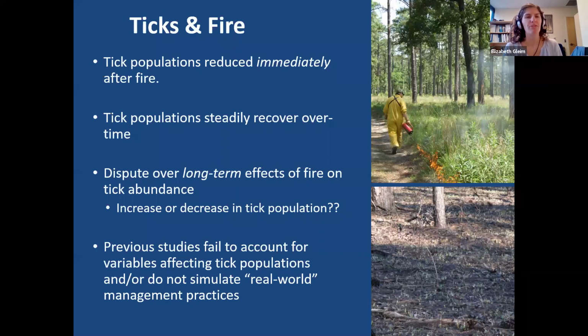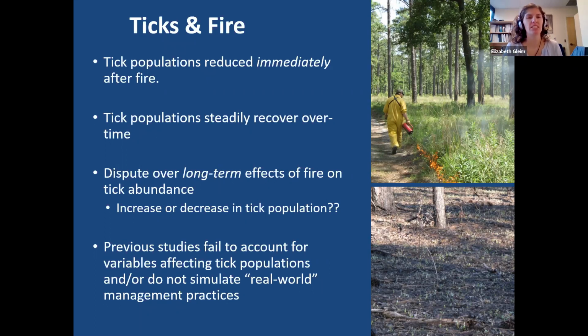And what we found is that most of the previous studies tended to either not account for other variables that we know affect tick populations like wildlife host abundance, vegetation structure, microclimate, etc., and/or they did not simulate real-world management practices. In particular, many of the studies were done on very small scales, so really small areas were burned, say like an acre or less. Other studies just did a singular burn in an area that perhaps had never been burned before, and that was it.